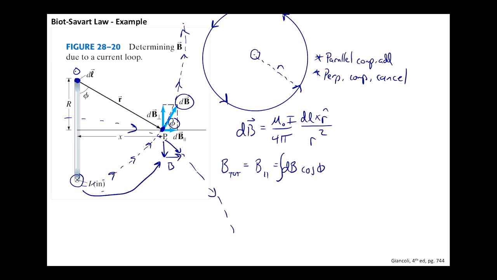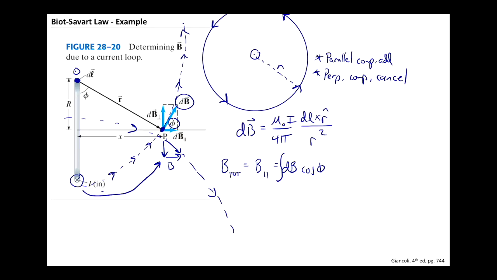So it's better to say perpendicular and parallel instead. Yeah, in this problem, the parallel component is on the x-axis. We could be using different axes in another problem.